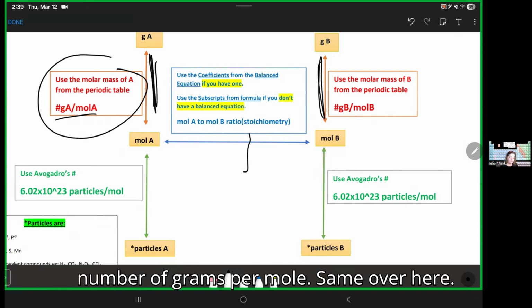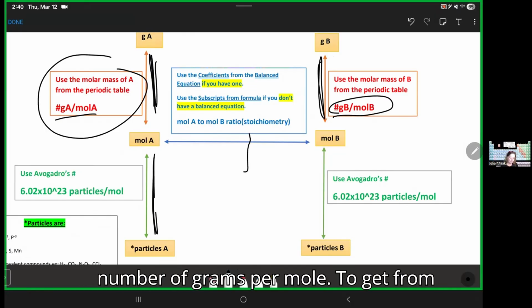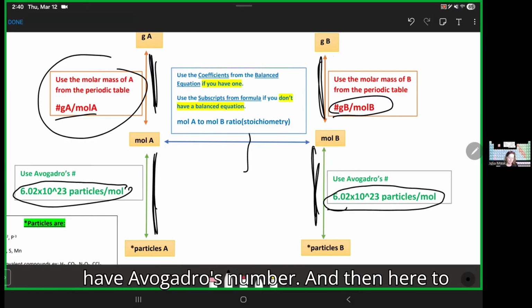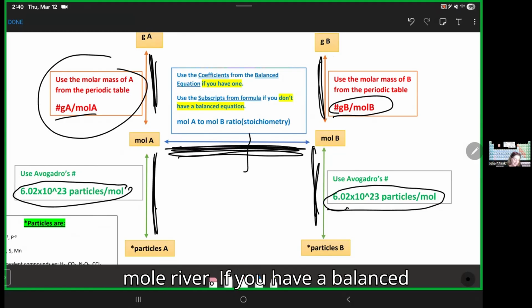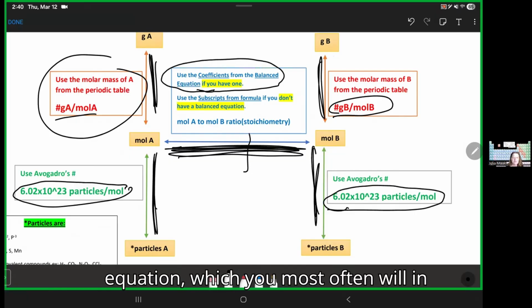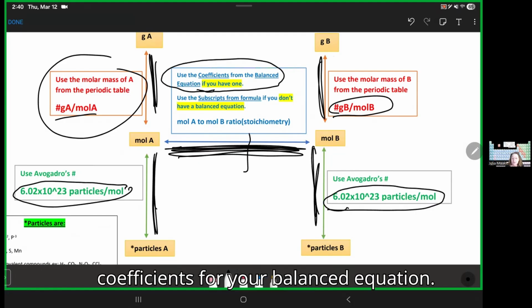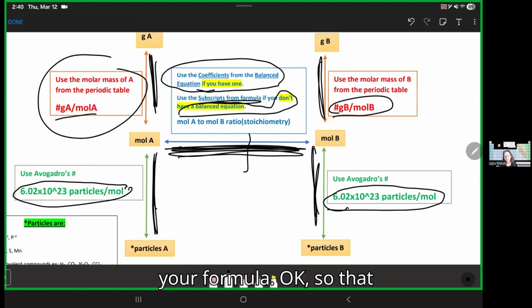To get from moles to particles, always Avogadro's number. And then here, to get from moles to moles, to cross that mole river, if you have a balanced equation, which you most often will in the future, you're going to use the coefficients from your balanced equation. If you do not have a balanced equation, you're going to use the subscripts in your formula.